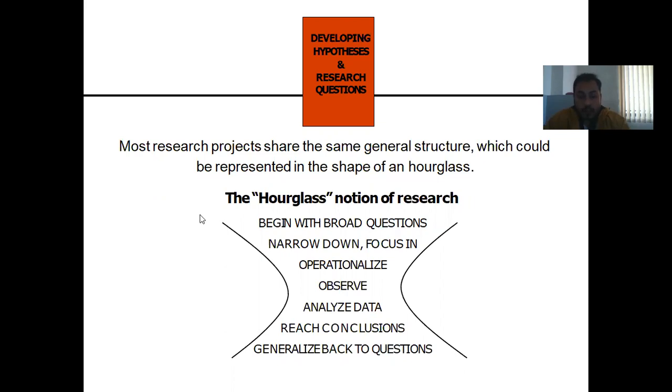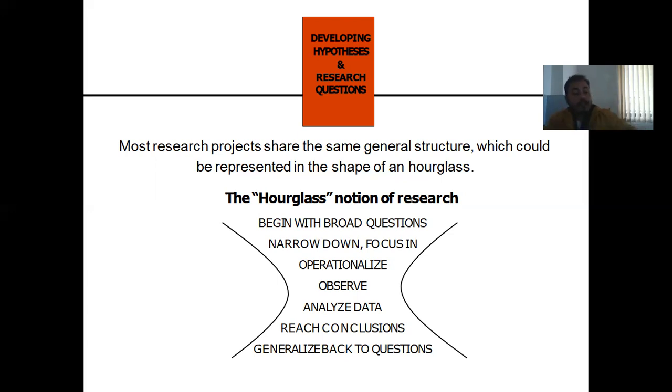So what are we doing here? Begin with the broad question. Whenever we start a research, many questions come to our mind, right? Suppose someone is from computer science, then when she or he starts the PhD, many things come to mind about what topic we should choose.